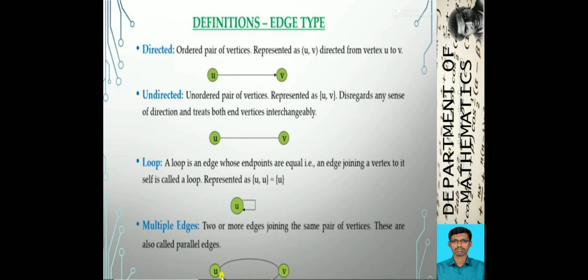Suppose we have two vertices U and V, one edge from U to V and another edge from V to U. Here we have two edges between two vertices. So these are called multiple edges or parallel edges.